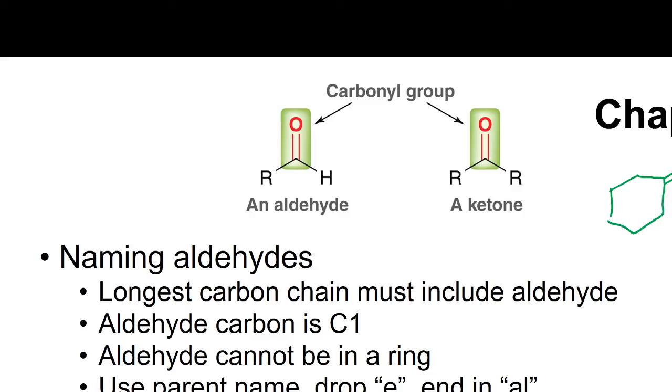It would be at the 5 carbon. So we want to make sure it's at the lowest numbering. If the ketone's in a ring, that's going to be number 1, or this is 1-cyclohexanone. And this one here will be 4,4-dimethyl. We have 2 methyl groups at 4, and then 3-heptanone.